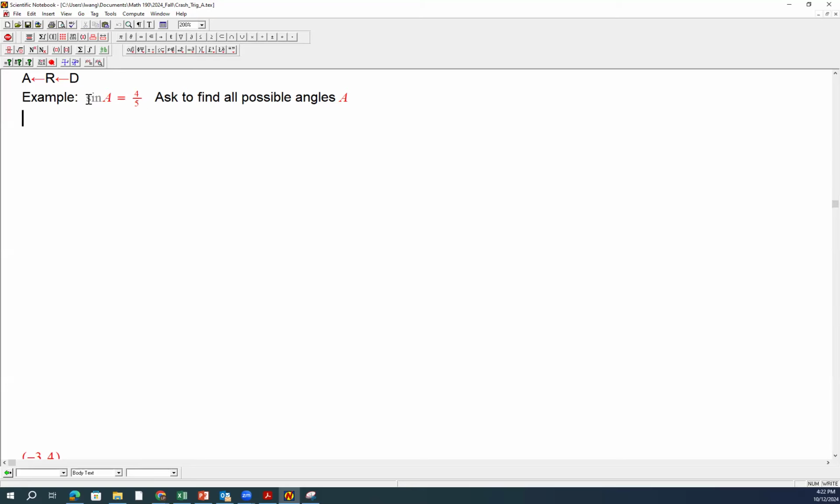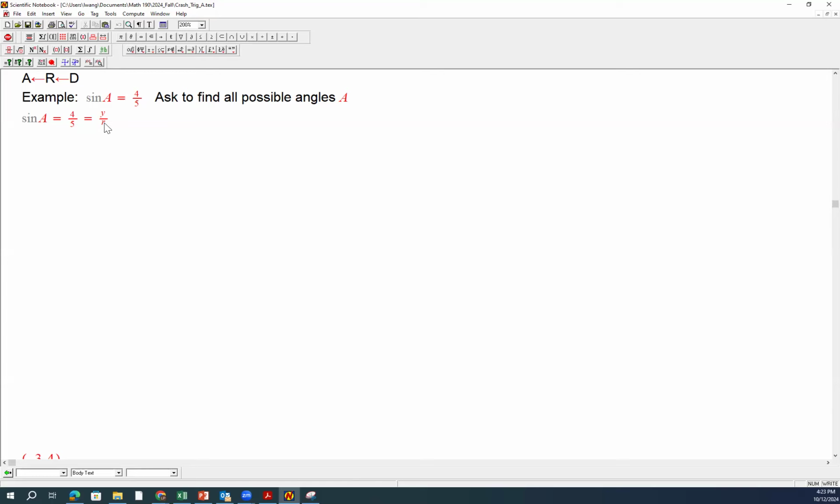Obviously, we're going to go by definition, because by definition, this will be Y and this will be R, right? That's Y, that's R. So what are we going to do about it?